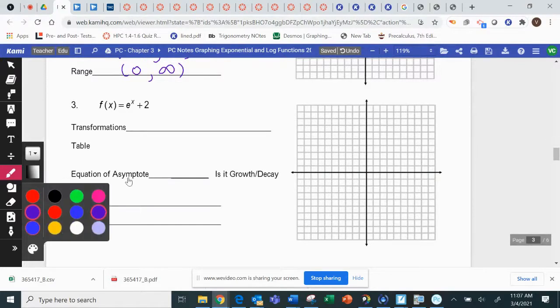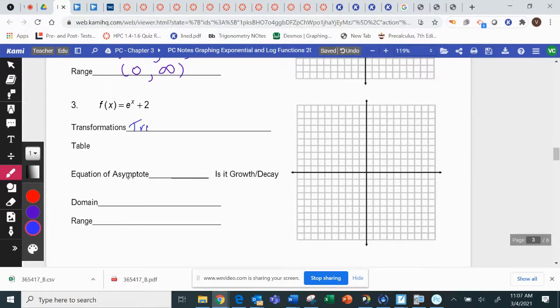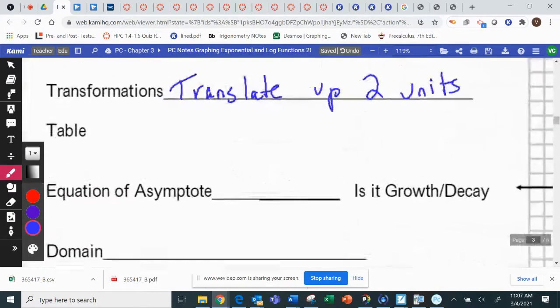Okay, question 3. Do we have a transformation? Yes. So what kind of transformation, John? What kind of transformation is this? Zoom in to make my table a little bit easier.